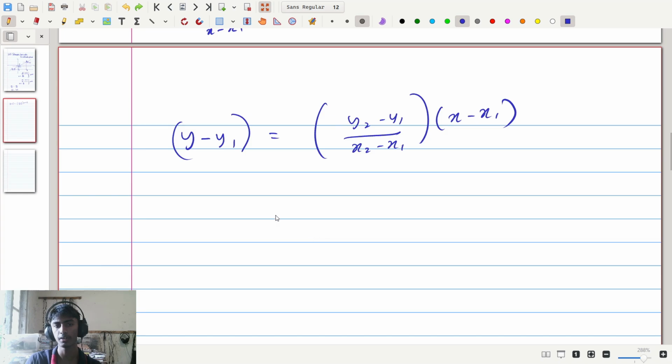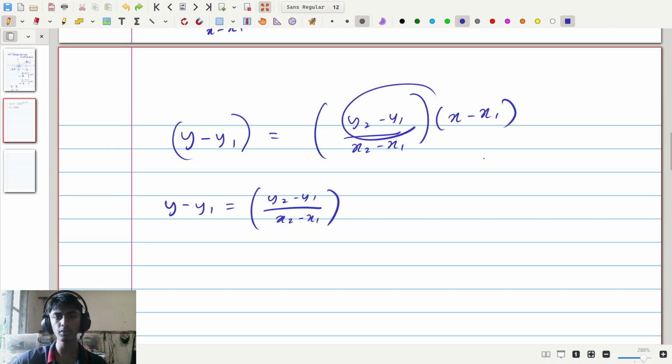So then, moving on. This is not one of the usual formats that we write a line in. We instead simplify this further to say that y minus y1 is equal to y2 minus y1 divided by x2 minus x1, and here we multiply this thing by x, take this negative thing, multiply it and separate the two. So we write it as that thing times x minus the same thing, y2 minus y1 divided by x2 minus x1, times x1.